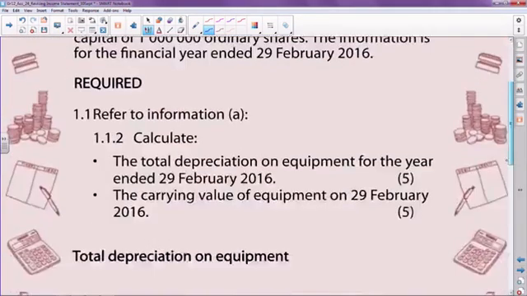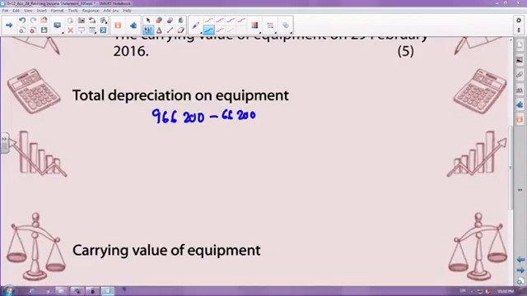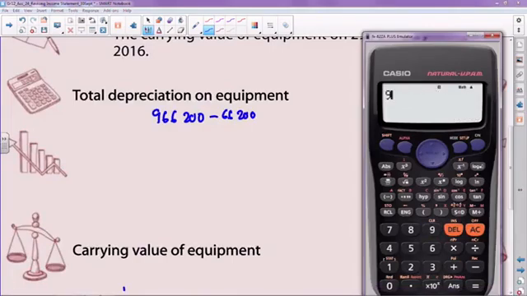So 966,200 was my original cost price minus the 66,200. What is that? The asset that I disposed of. Let's get that going. So we've got 966,200 minus your 66,200, and that will give you a figure of 900,000.